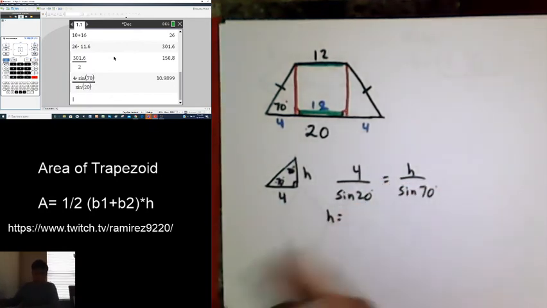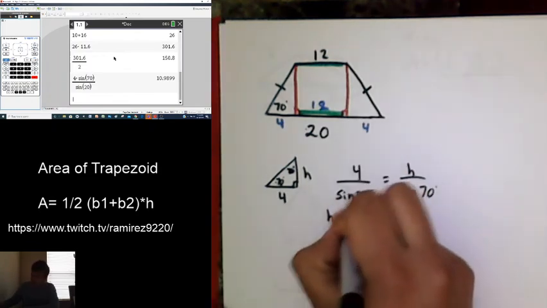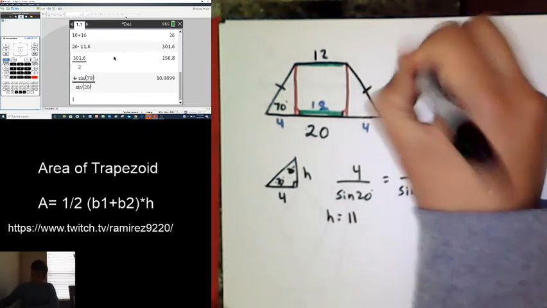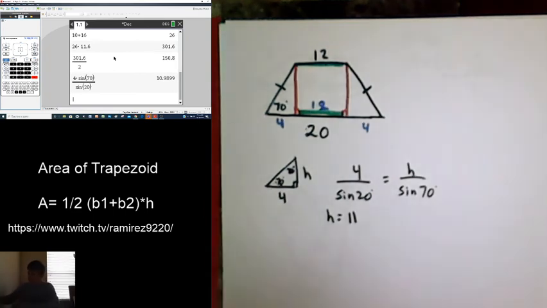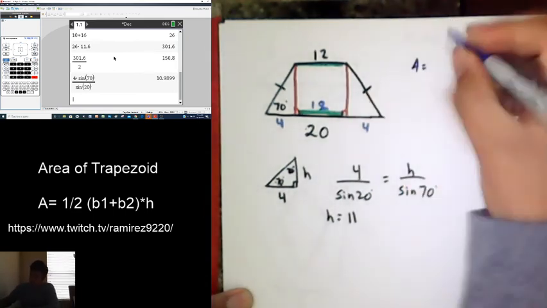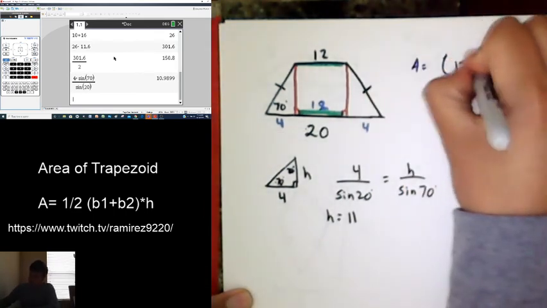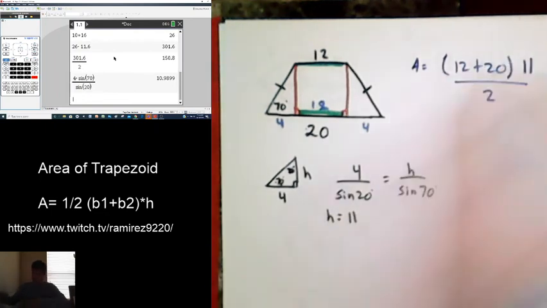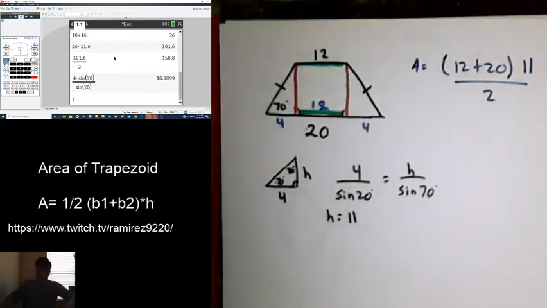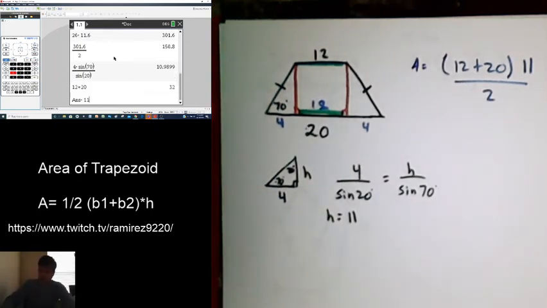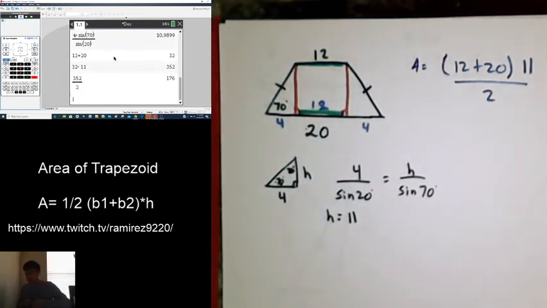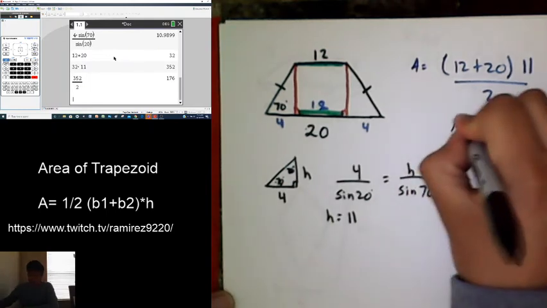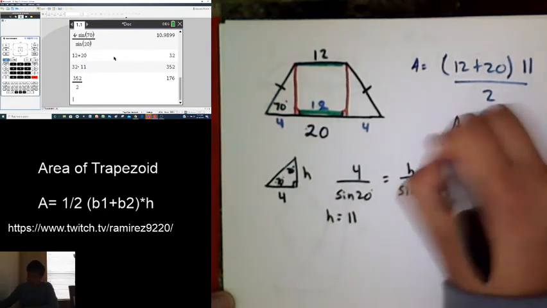So I'm just going to go ahead and say it's 11. And again, formula, it's just using it now. Area is my bases added together times my height divided by 2. So 12 plus 20, that times 11 and divided by 2. And so the area of this trapezoid is 176.